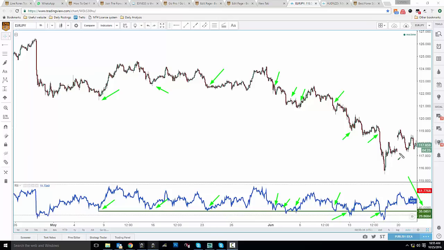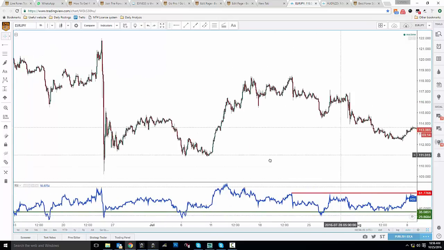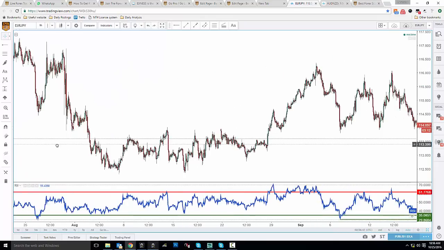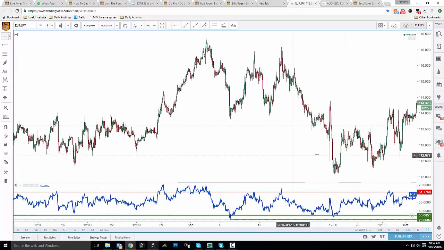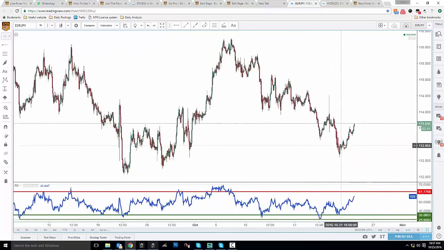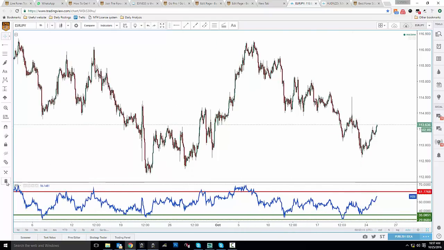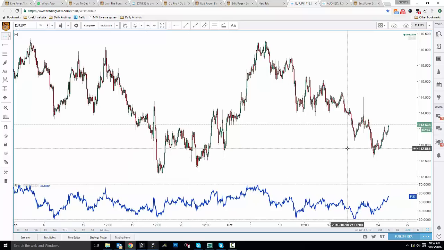Once again, this is another example of how to find the hidden support and resistance levels in RSI. Now I'll show you how to get the diagonal support and resistance levels, or rather how to tell when a break is going to happen. This is one very interesting pattern I found.